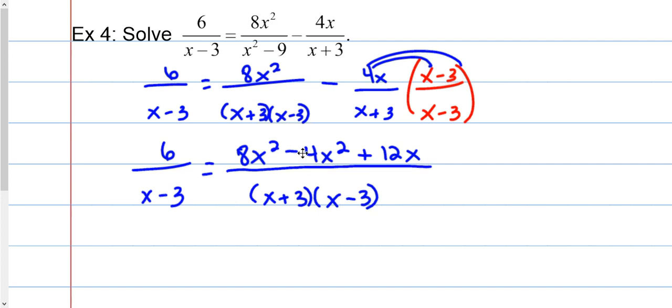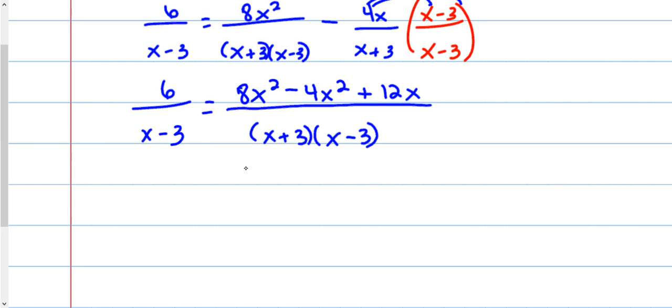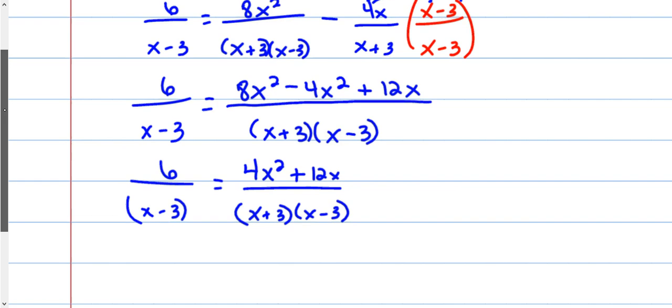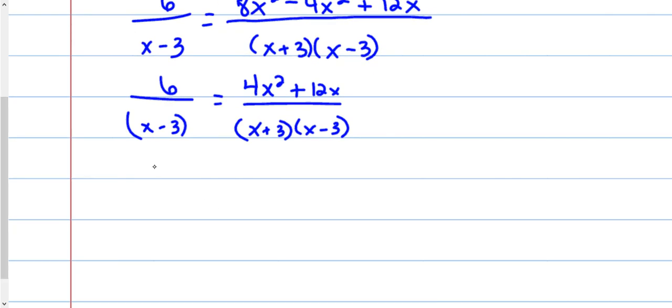So I can simplify here. 8x squared minus 4x squared is going to give me 4x squared plus 12x over x plus 3 times x minus 3, and that's equal to the 6 over x minus 3 on the left side. Now let's go ahead and cross multiply.